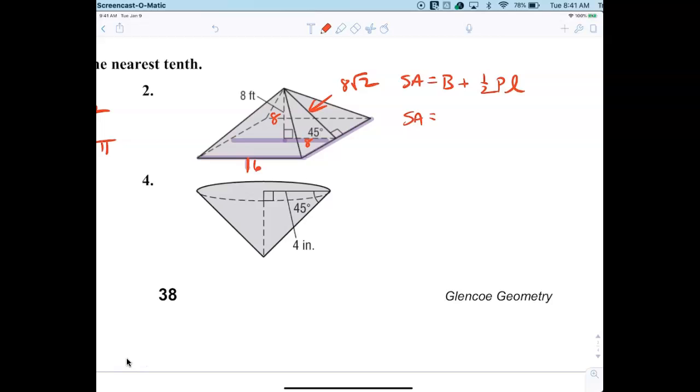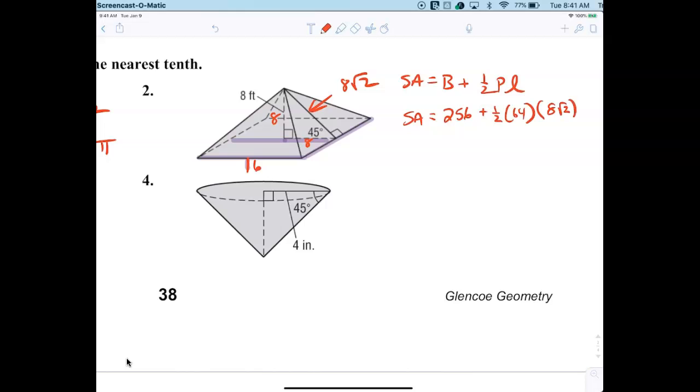Oh wait, I'm asking what's the area of the base? 256. Come on, everybody, come on, 256. Come on, that's not hard. 16 times 16. All right, 256. Now, plus 1/2. What's the perimeter of the base?